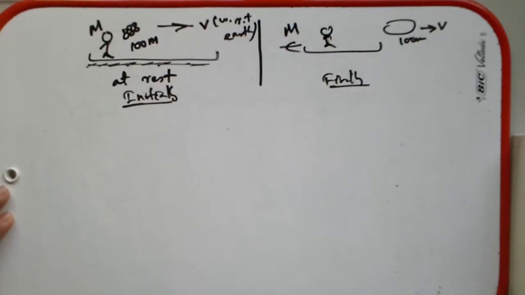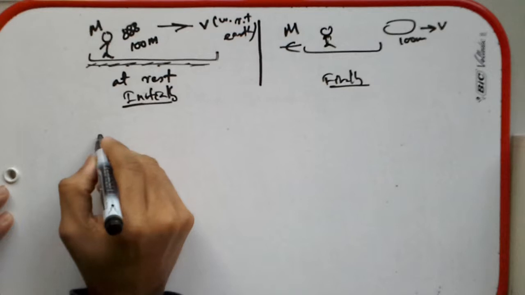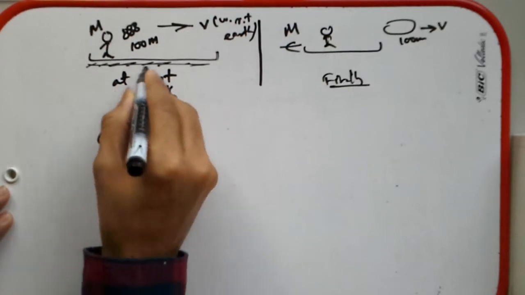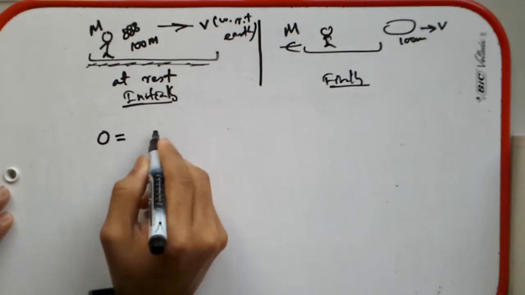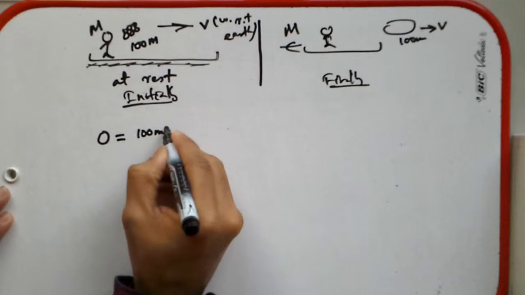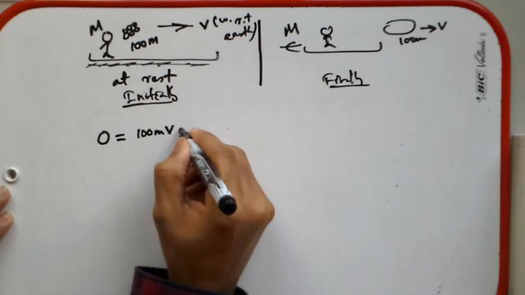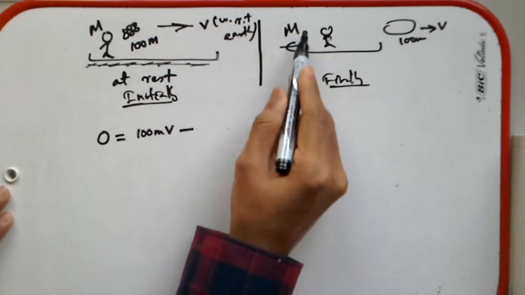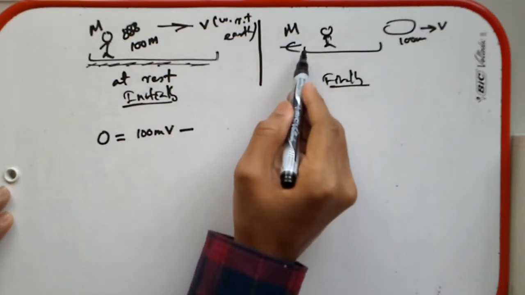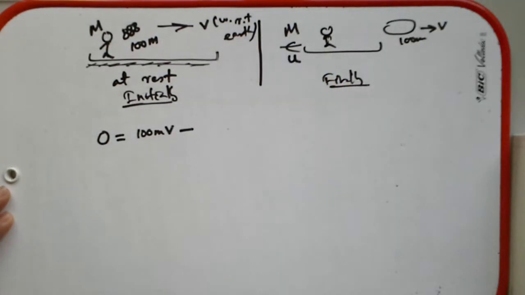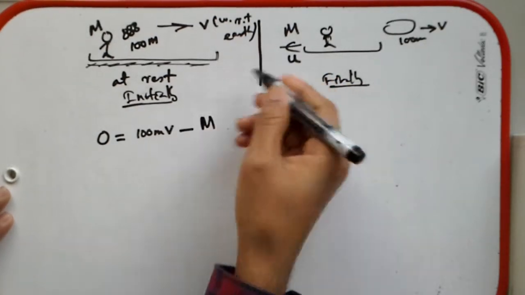So the problem is super simple, because you can simply use conservation of momentum. Initial momentum is 0, as I said the system was at rest. The final momentum is 100 m moving with velocity v, with a minus sign. Why minus? Because the cart is moving with respect to Earth with a velocity u, so the big M is moving in the opposite direction.